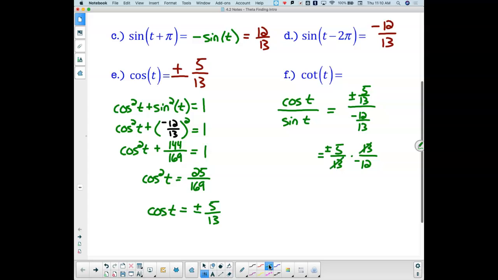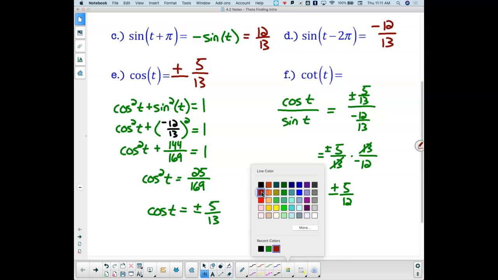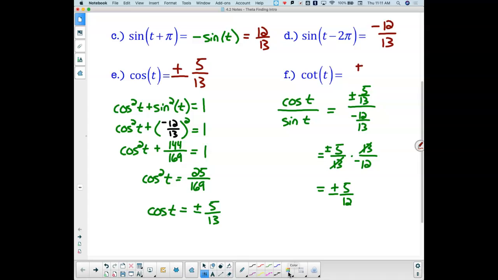The thirteens cancel each other out, and the negative sign kind of cancels out. It doesn't really cancel out anything because you got the plus or minus there, so we're just going to keep the plus or minus there of 5/12. Agree? Questions on any one of those?